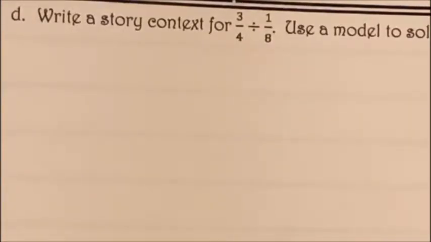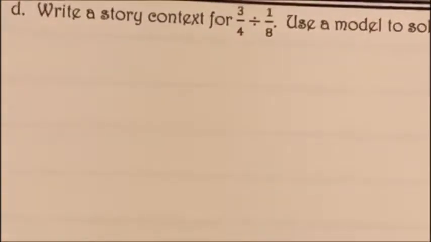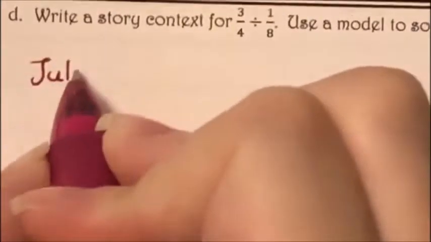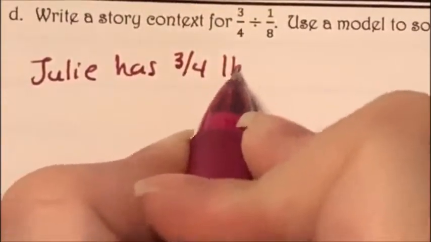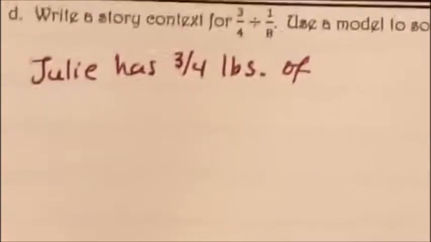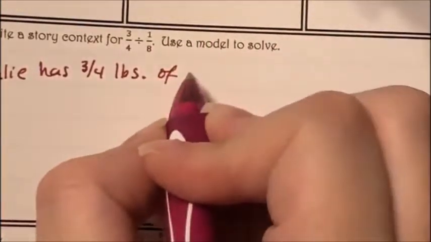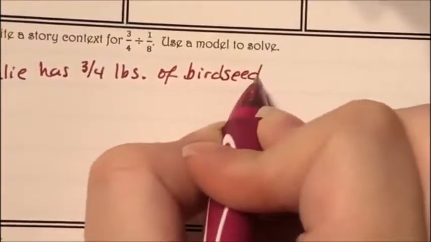Letter D says write a story context for 3/4 divided by 1/8 and then use a model to solve. You can come up with whatever story you would like. My story is going to be: Julie has 3/4 pounds of bird seed.